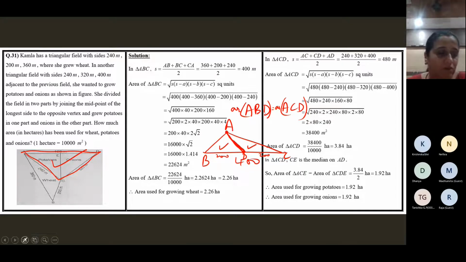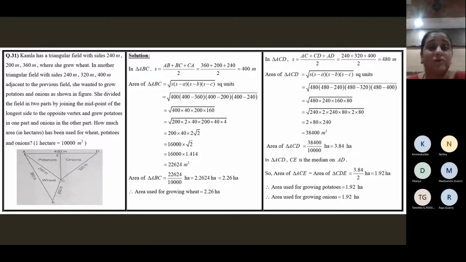So she's a very smart farmer, Kamala. She wants to grow potatoes and onions in equal portions. So whatever is the total area of the field, supposing the total area of the field is say 1,000 meters square, she wants to grow potatoes in 500 meters square and onions in the remaining 500 meters square.